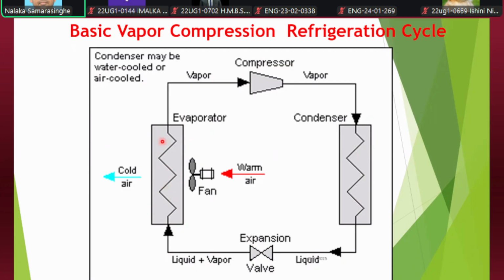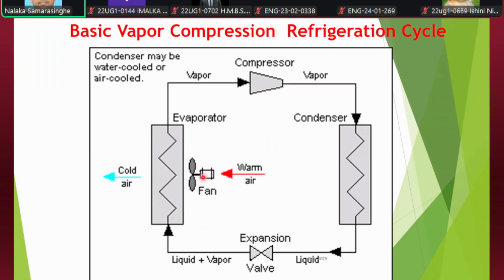Similar to the condenser, you have some cooling fins connected to it. Due to the low temperature of the liquid and vapor refrigerant, the fan will blow air over this evaporator unit.